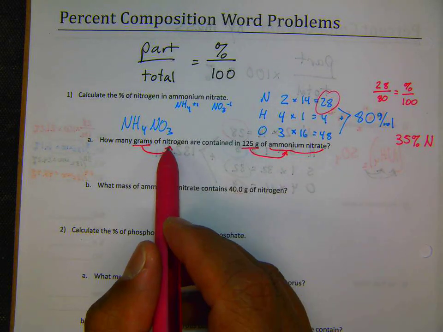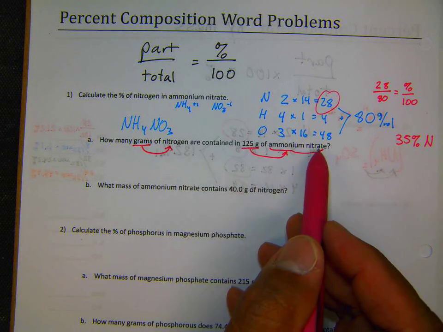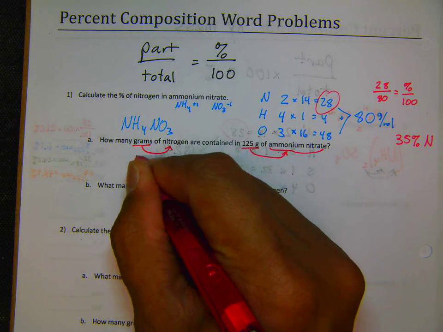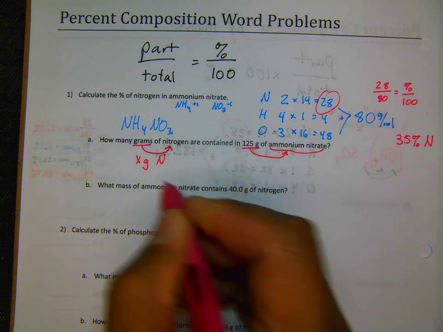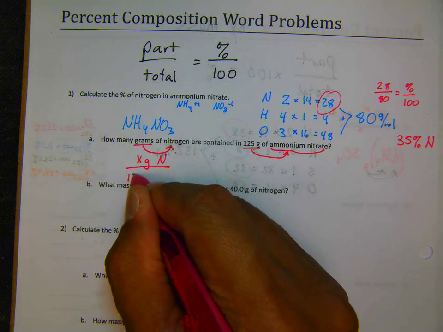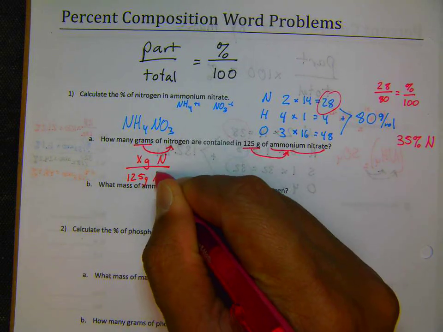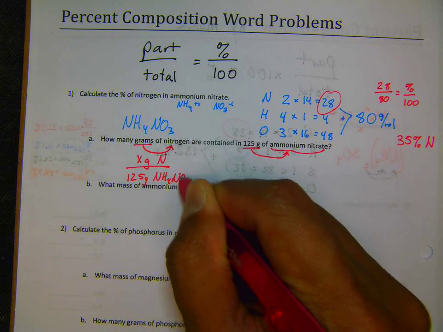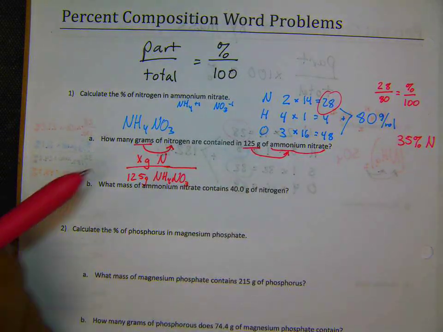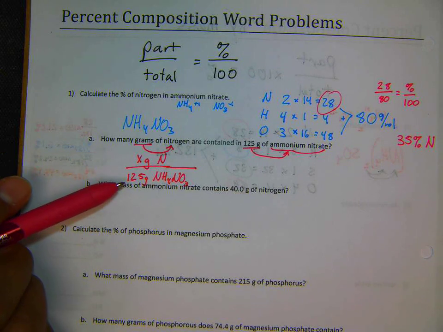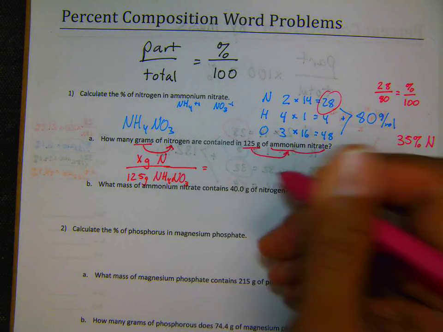See, nitrogen is a part of ammonium nitrate. So we can say X grams of nitrogen over 125 grams of ammonium nitrate. So that's my part divided by my total, and it's equal to the percent.